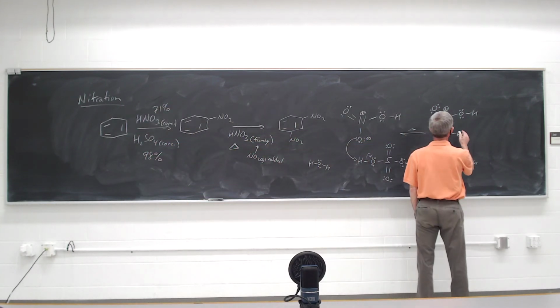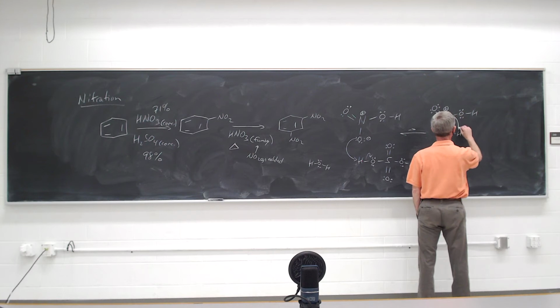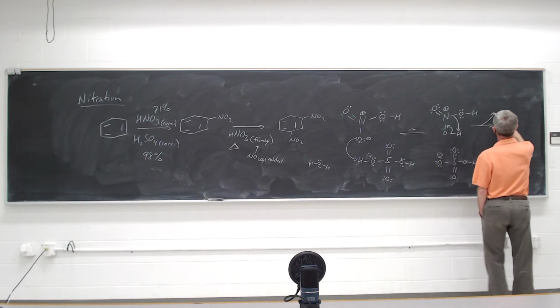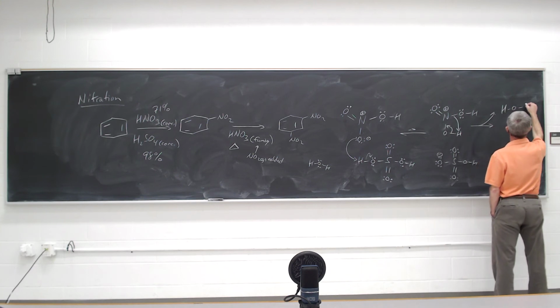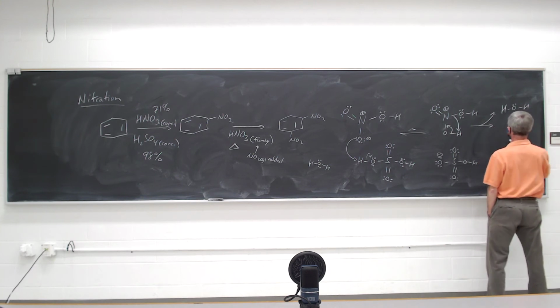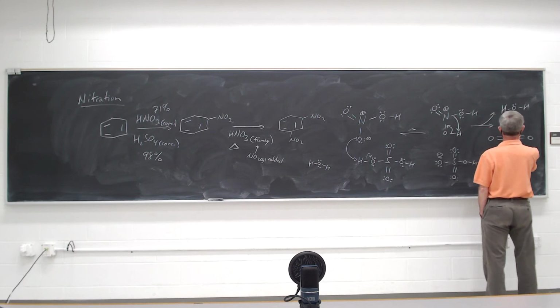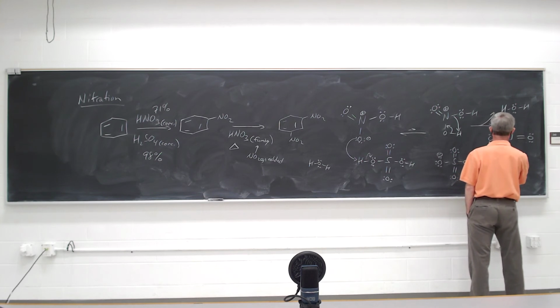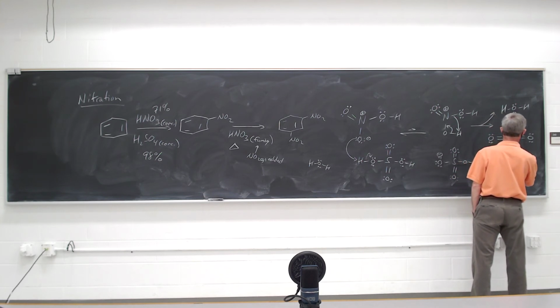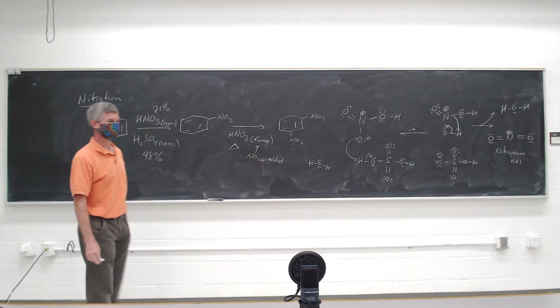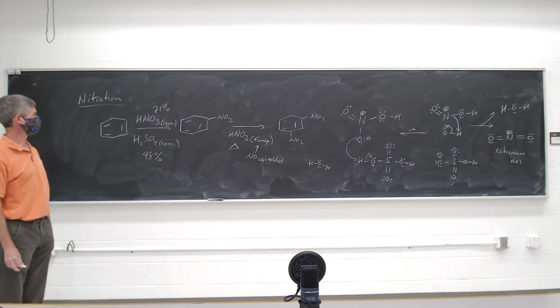What can happen is it can break down to lose water and generate the nitronium cation. And that nitronium ion is a really good electrophile. NO2 plus, not very stable.